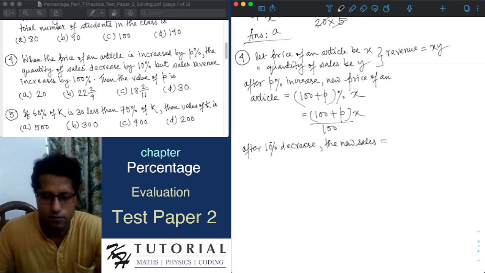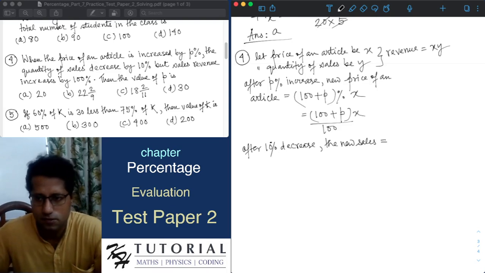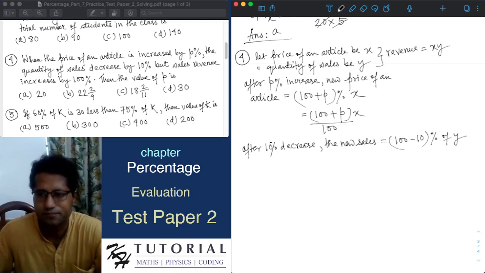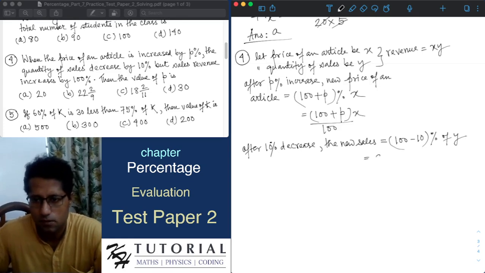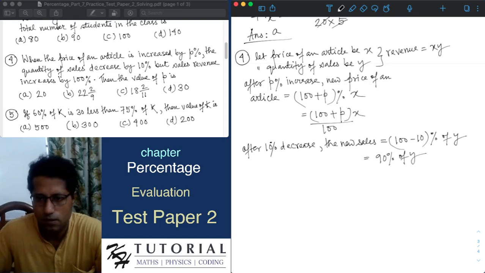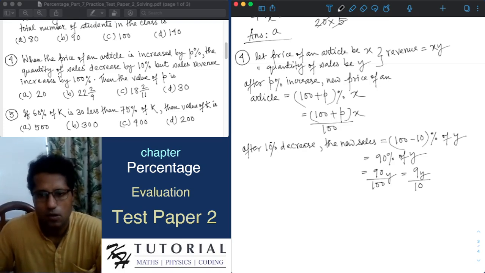So the new quantity of sales will be 100 minus 10% of Y. This is 90% of Y. This is 90 by 100 multiplied by Y, and this is 9Y by 10.